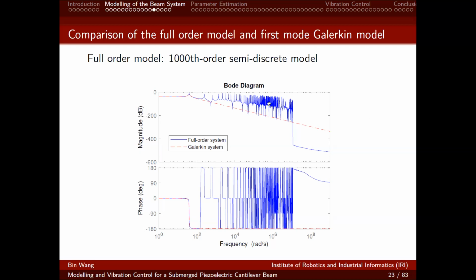We can see by using the Galerkin's model, the first vibration mode is preserved and the higher frequencies are ignored in this model. The same is true in the phase.